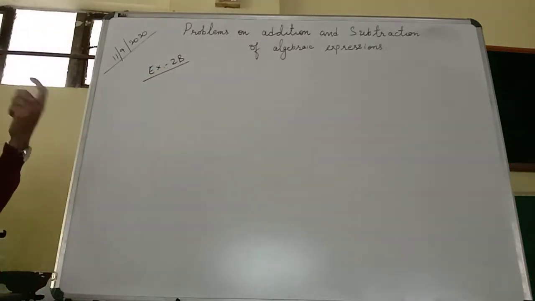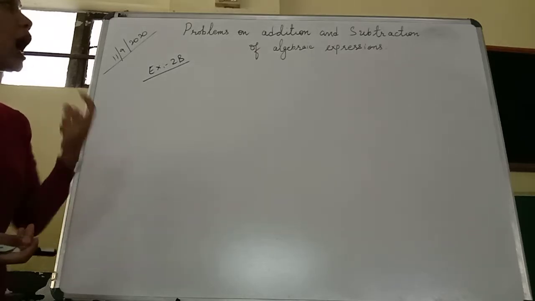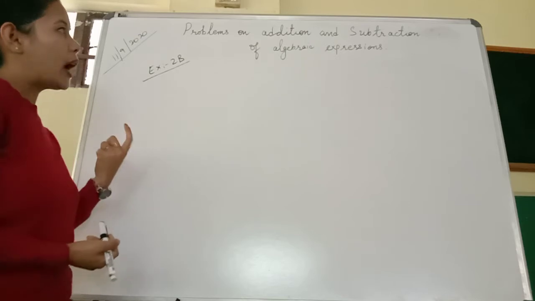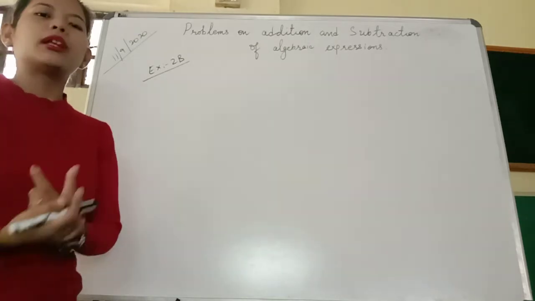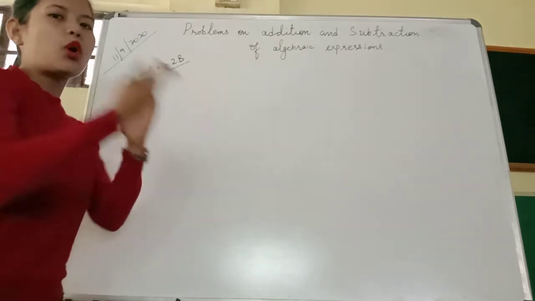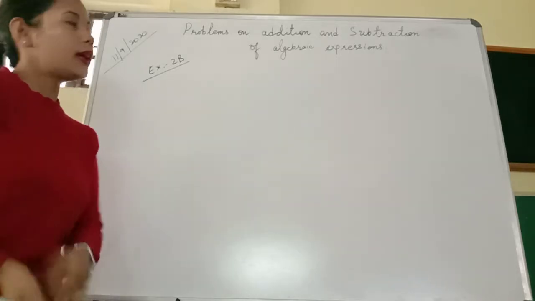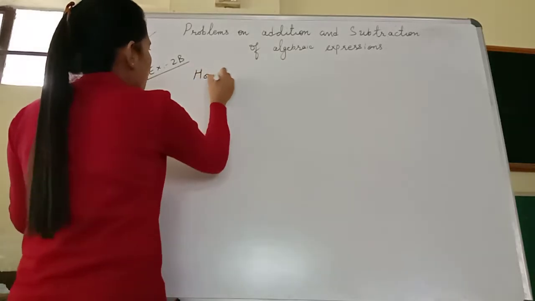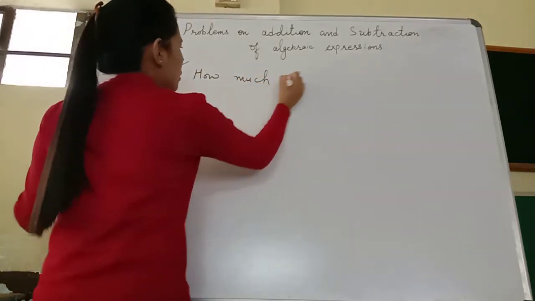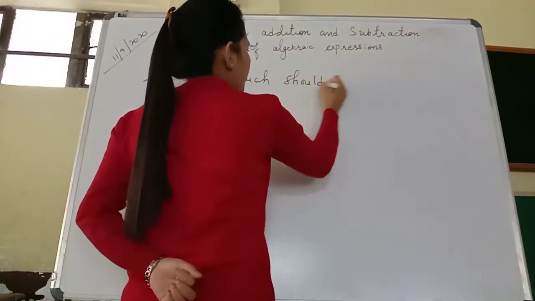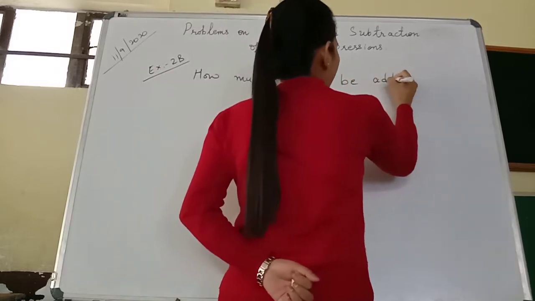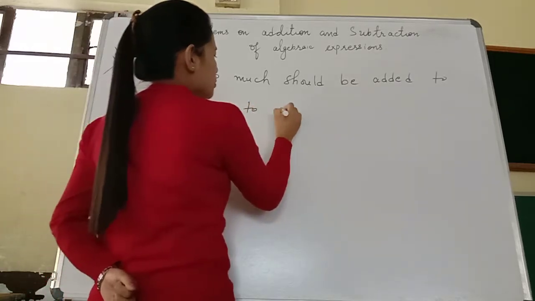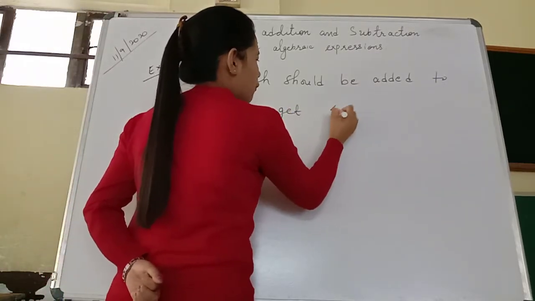Before that I'd like to explain how to deal with this type of word problem in arithmetic. First I'll try to explain using numbers, and I'll relate the same concept to the expressions. Suppose I have a question saying: how much should be added to 12 to get 40?